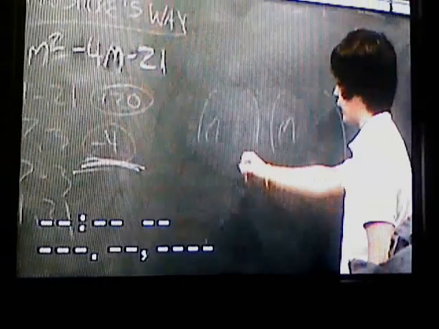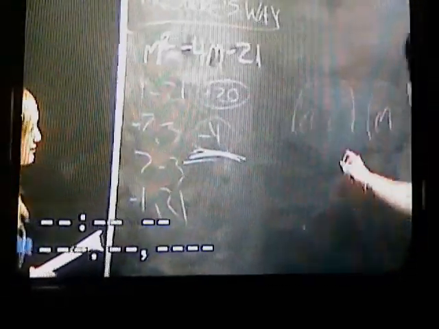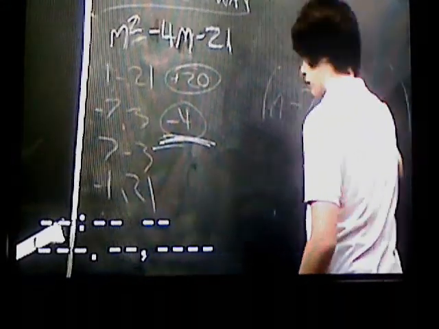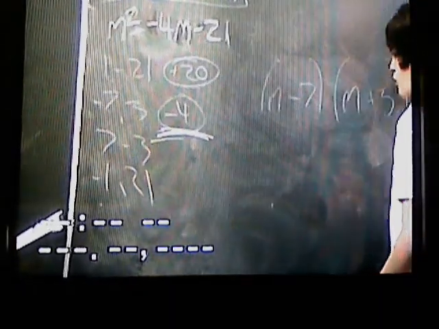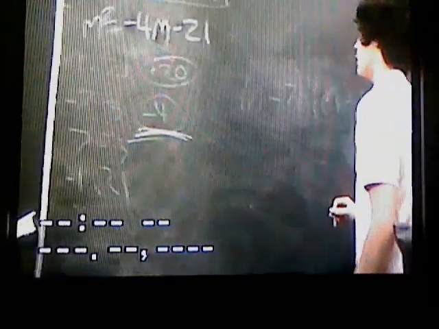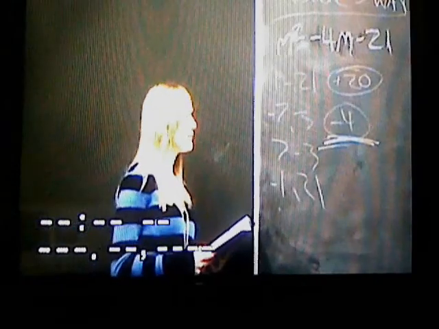The m is in both brackets because if you look back at the equation, m is squared, which means m times m gives you m squared. Now, what else do you think you should have in the first bracket? Negative 7. You're right. And then positive 3, because negative 7 times positive 3 gives you negative 21, but adds to be negative 4. So, this is your answer.